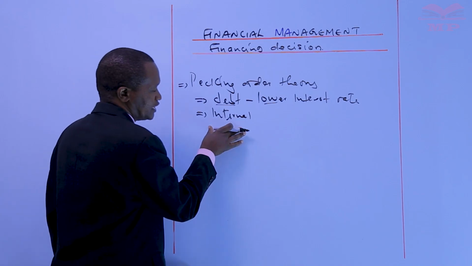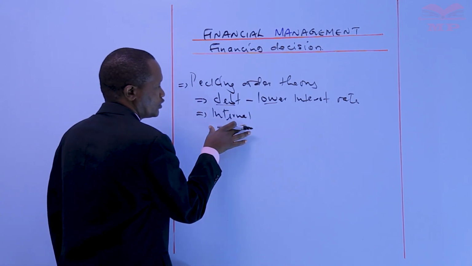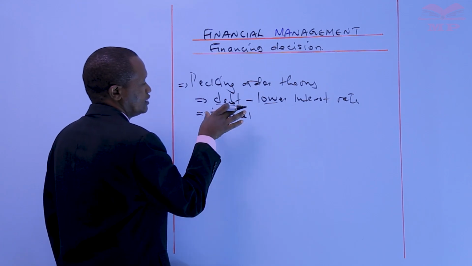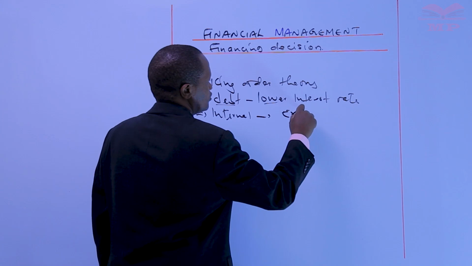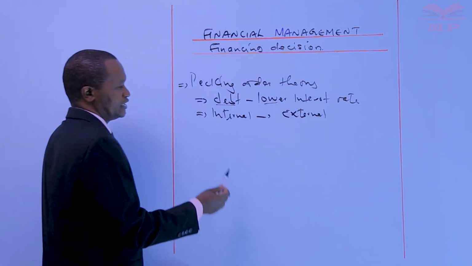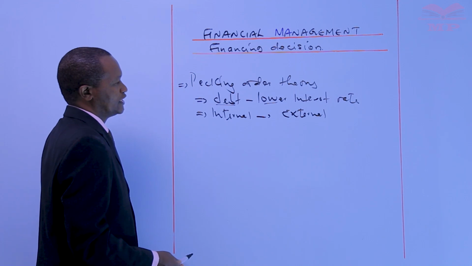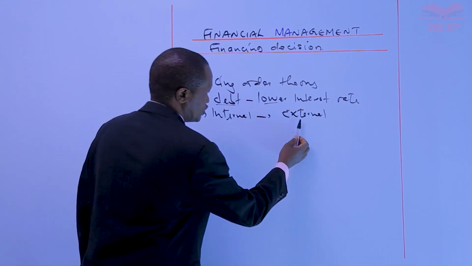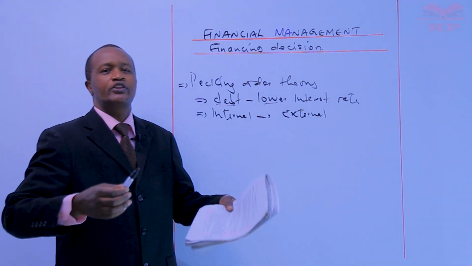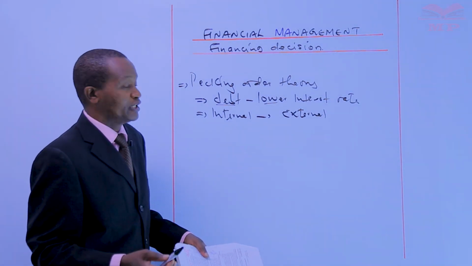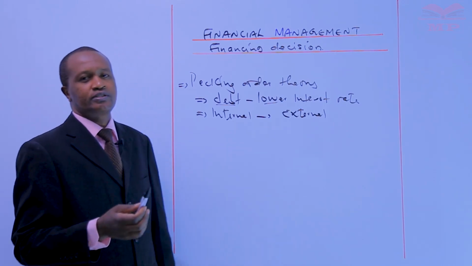If the firm has internal sources of finance like retained earnings, then the firm should exhaust the internal sources before the external, because generally the internal sources of funds are cheaper than the external sources. So the pecking order is one of the theories that can help a finance manager make the financing decisions.